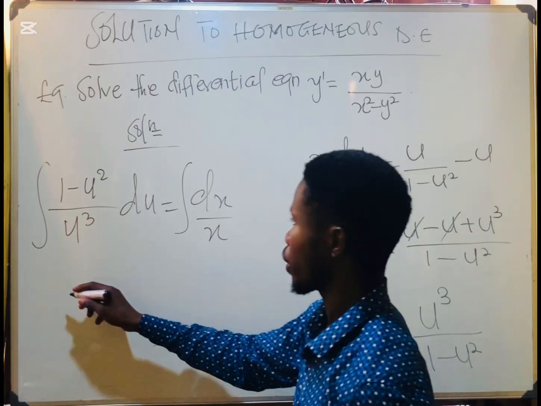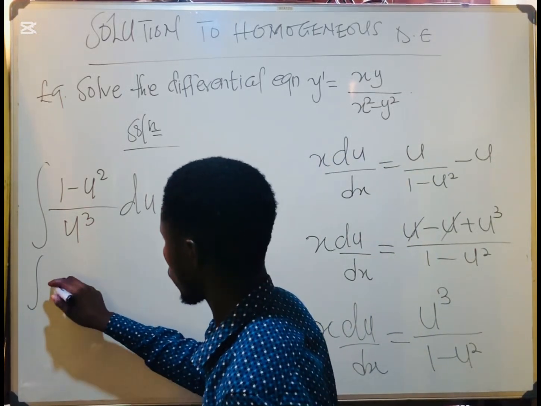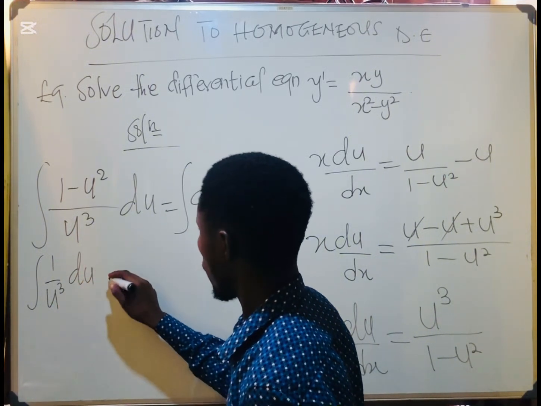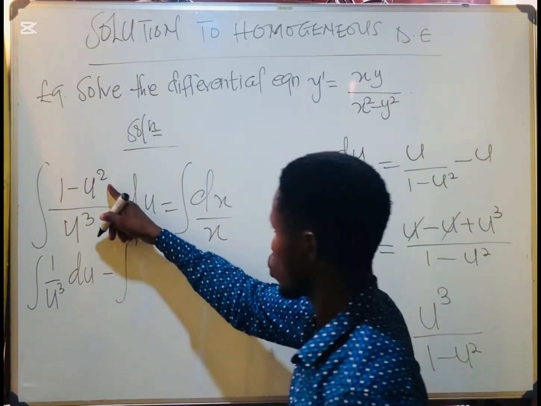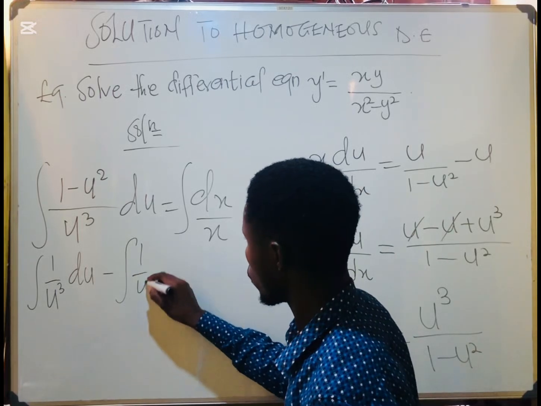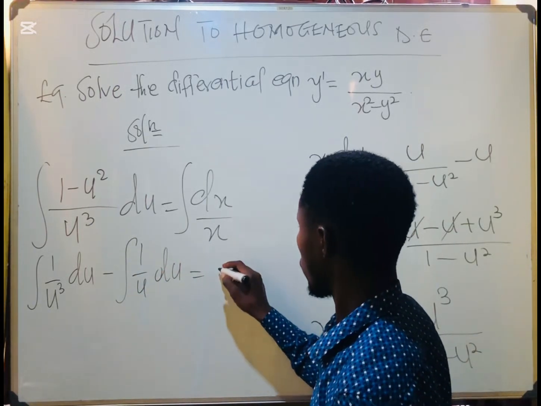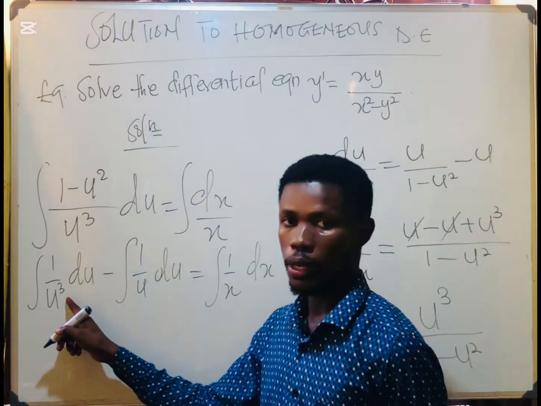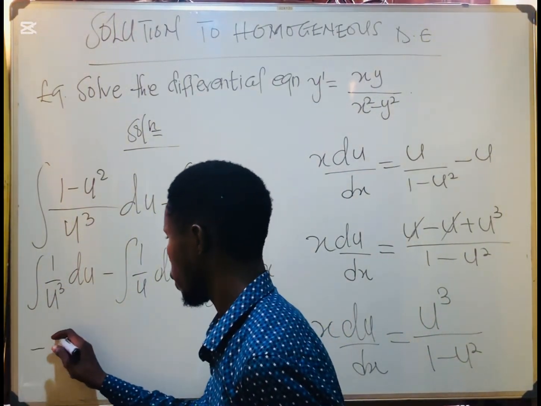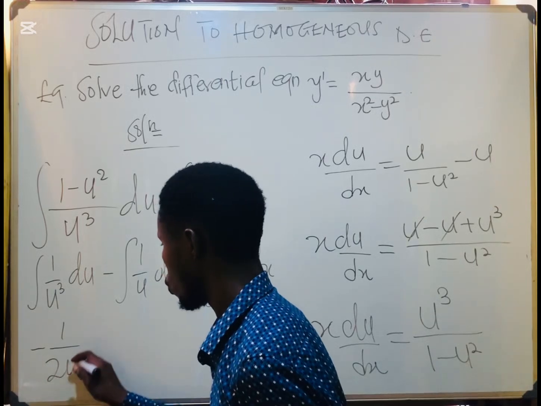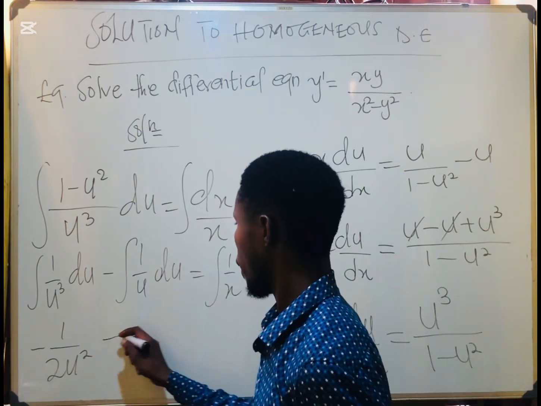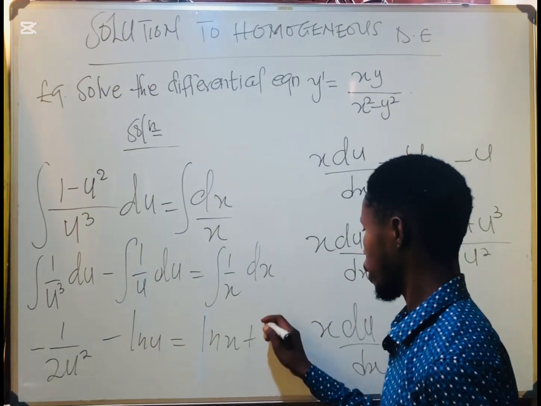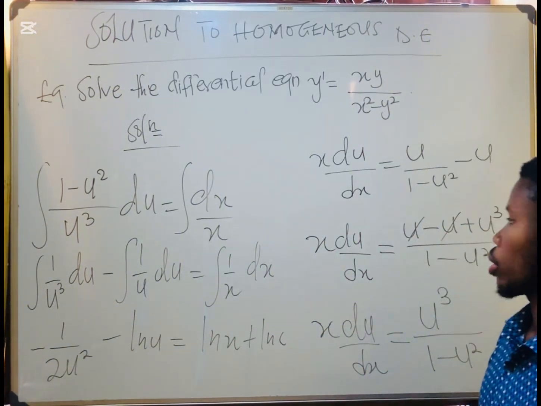I can separate it by writing it as the integral of 1 over u cubed du minus the integral of u squared over u cubed, which gives 1 over u du, equals the integral of 1 over x dx. When I integrate this, I'm going to have negative 1 over 2u squared minus ln u equals ln x plus ln c. So this is what you are going to have.